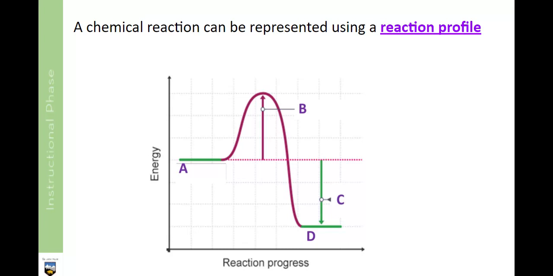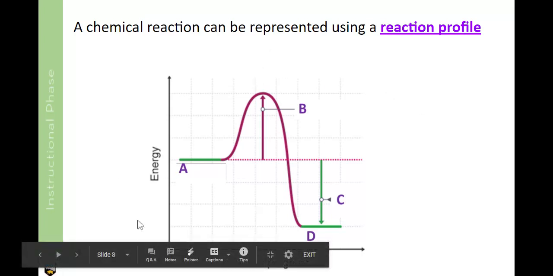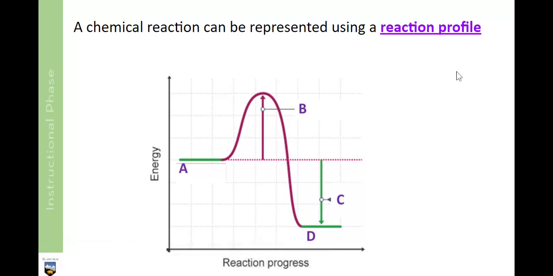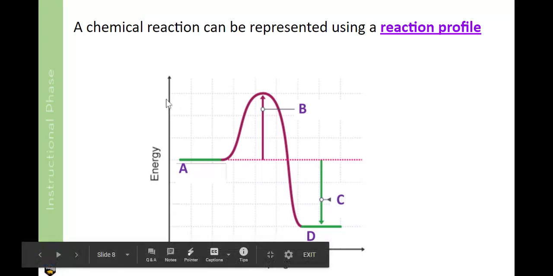Okay, so we can use a reaction profile, which is a graph that shows how energy changes in a reaction, to represent what happens in a chemical reaction. What you'll notice with the graph is on the y-axis, you've got the energy, the increase in energy.